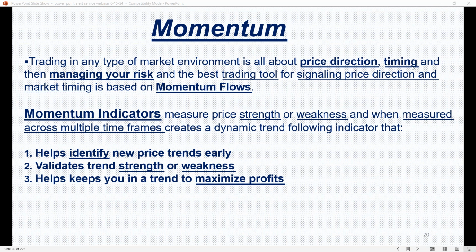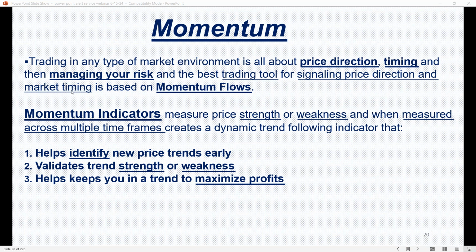And then the next thing, a really important step, is managing your risk. That's really where we can apply options, which is a great way to manage that risk. For all this, you really need some good trading tools that can help you for signaling price direction, those cycle changes, and for signaling market timing, the best time to get in and to get out.